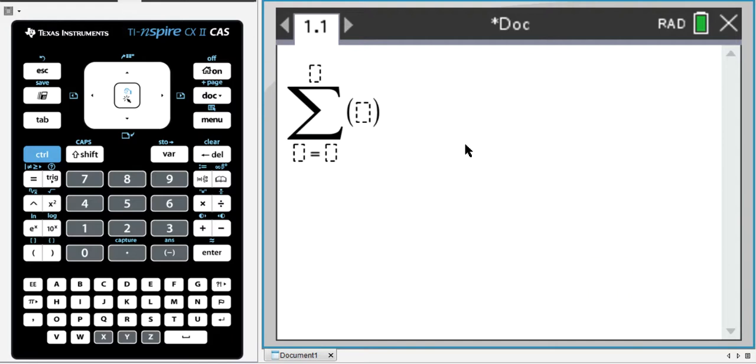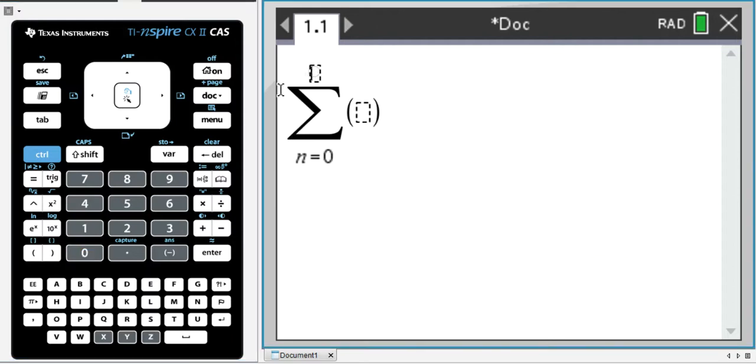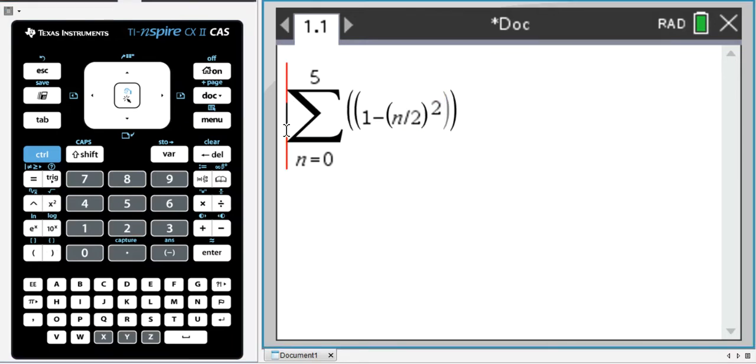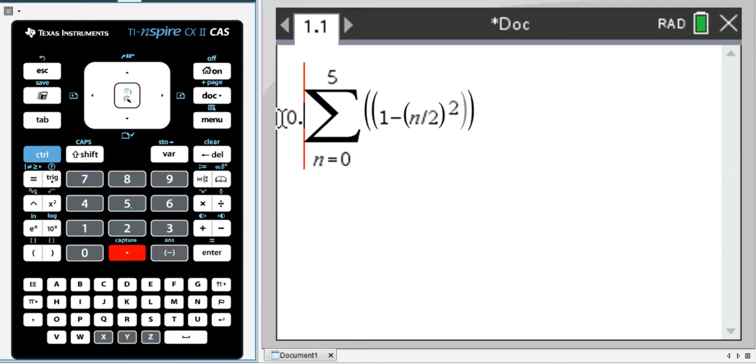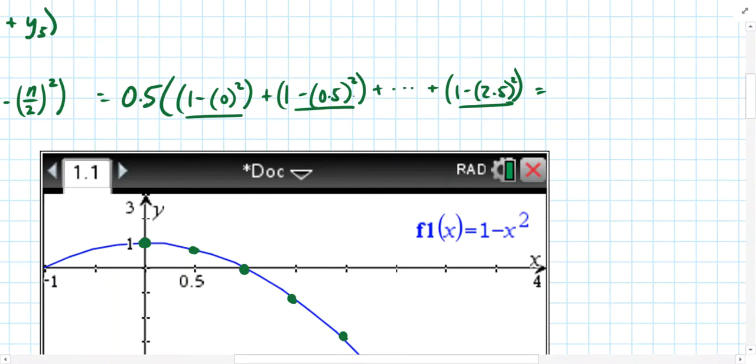And so we can call upon that sum command and specify that we want, say in this case, from an n value of 0 to 5 of the expression 1 minus, we said n divided by 2 quantity squared. I guess I didn't need that double set of parentheses. And all of that's multiplied by our delta x, which is 0.5. And then when we press enter, we do see the calculated result, and we get negative 3.875.